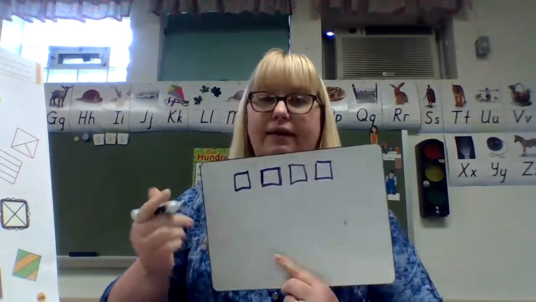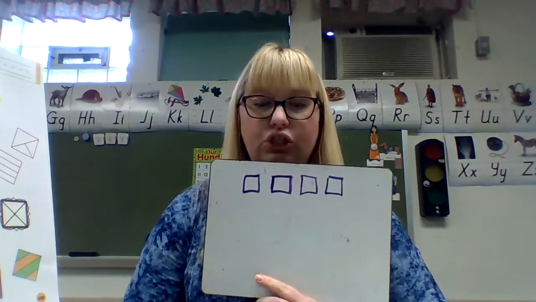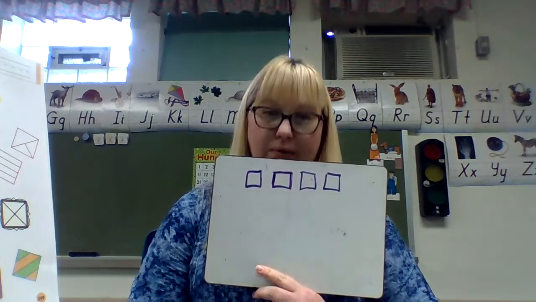So this is what they give you. My squares aren't exactly perfect here. Oh, it's even worse. They have a picture of 4 squares. Okay. They show you this and they tell you, use these 4 squares, use these shapes to draw a square.